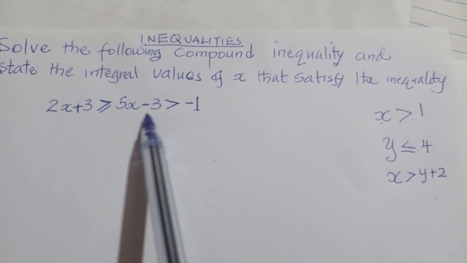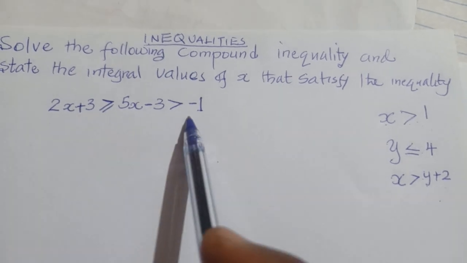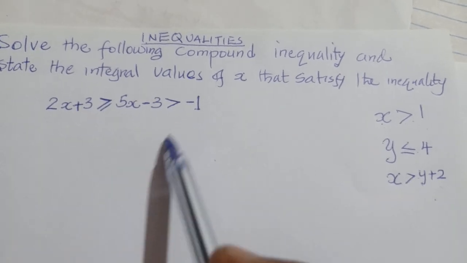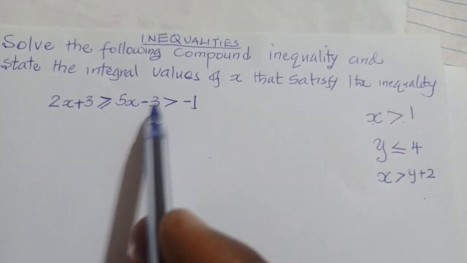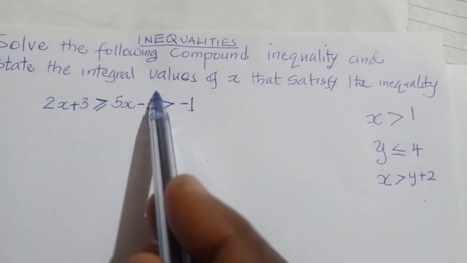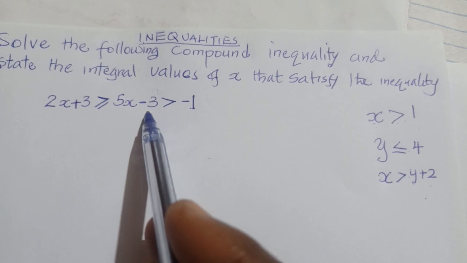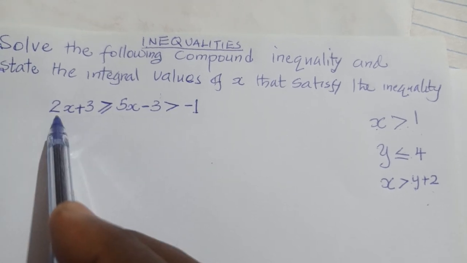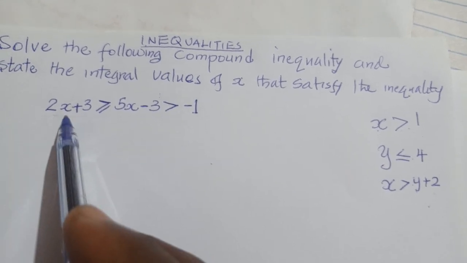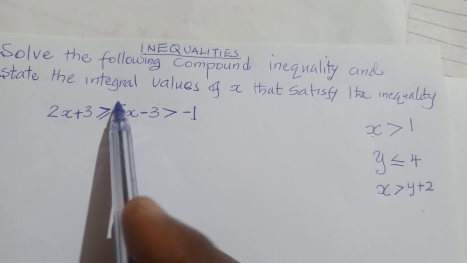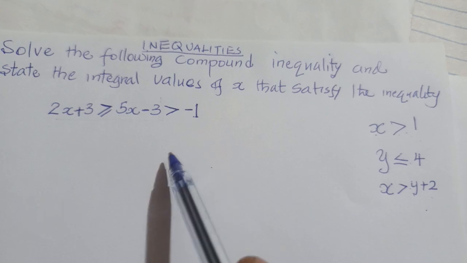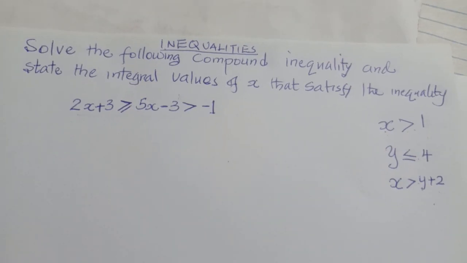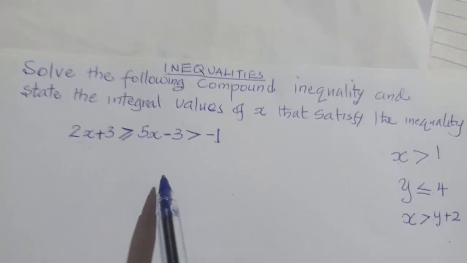Now this middle part is common to both the left and the right hand sides. So what we do, first of all, we consider the middle part of the inequality with the left side, work it out, then after that we get to the middle side with the right hand side, work it out, and eventually come up with the solution.